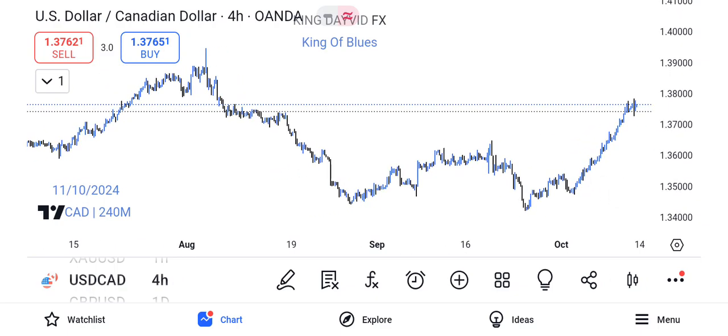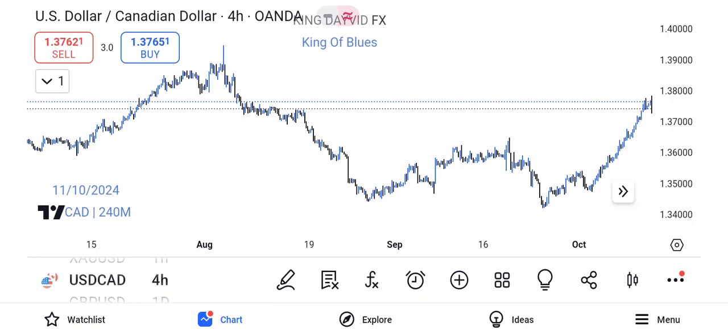Identify the downtrend, identify the uptrend, and then the consolidation. Once that is done, then you know that the knowledge has already stuck to your brain.